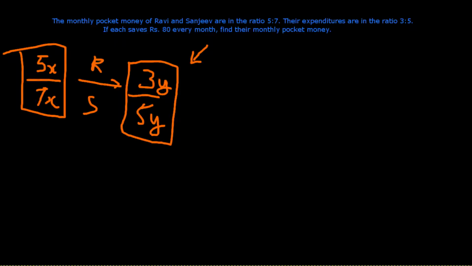That's basically income minus what you spend. So 5x minus 3y. We're going to take both the people separately. 5x minus 3y, this is Ravi, is equal to 80. You've been given that. Similarly, 7x minus 5y is also equal to 80.